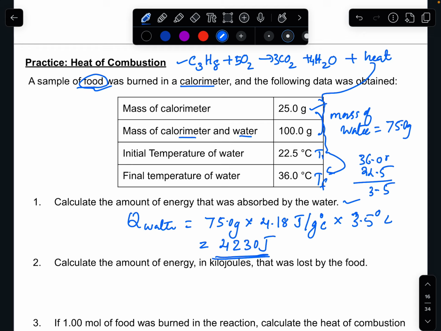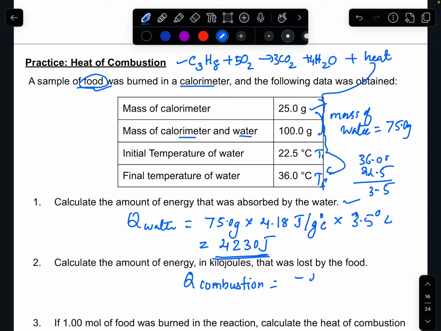So what is the heat of combustion, or how much heat is produced during combustion? So we are using a different wording, that's it. So heat of combustion, Q of combustion, you can write like that. Q of combustion is equal to negative what?